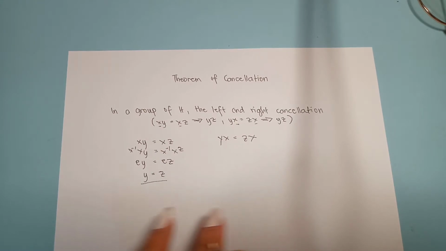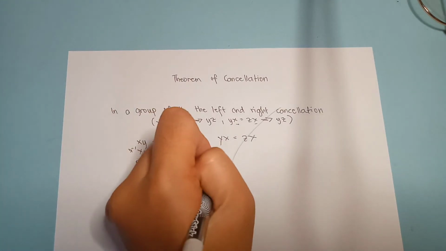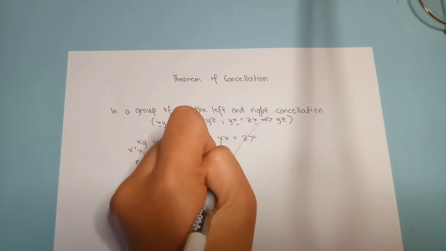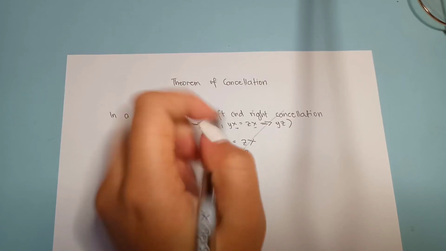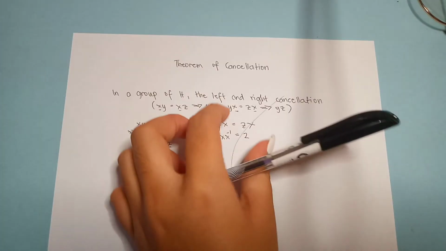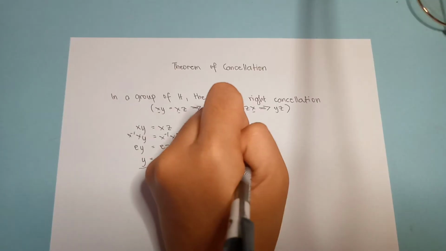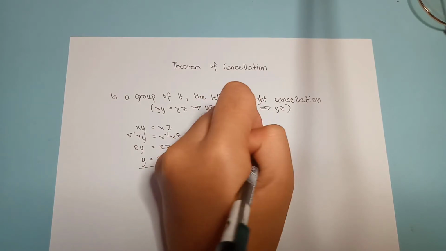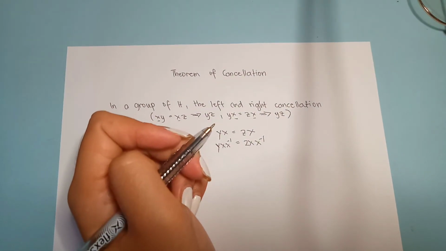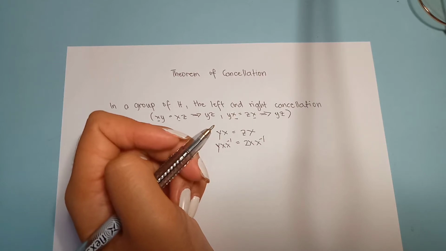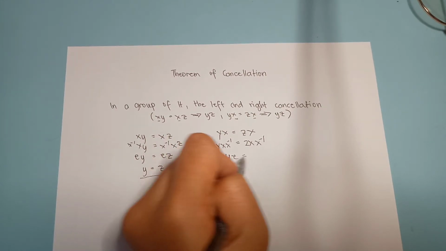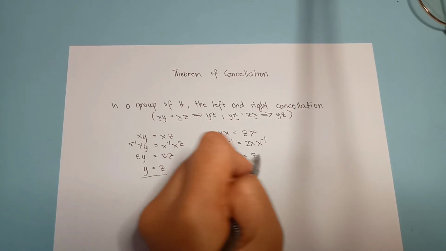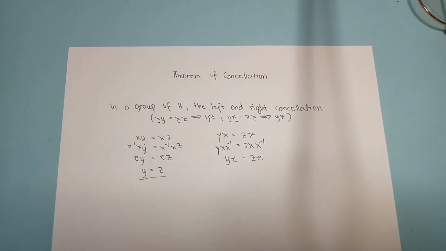I'll just take an inverse on the right side like this, y times x inverse and z times x inverse. This time we'll get just the identity like this, y is equal to e and z is equal to e.